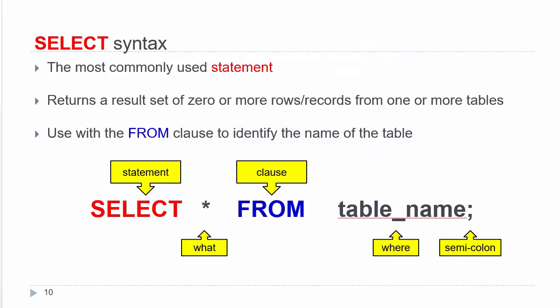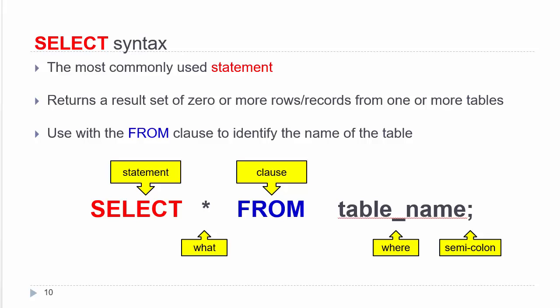So the select statement is the most commonly used SQL command, and it returns a result set of 0 or more rows or records from one or more tables. We will later learn how to join tables in an SQL query. The select statement is used with the from clause. We have to identify the name of the table.